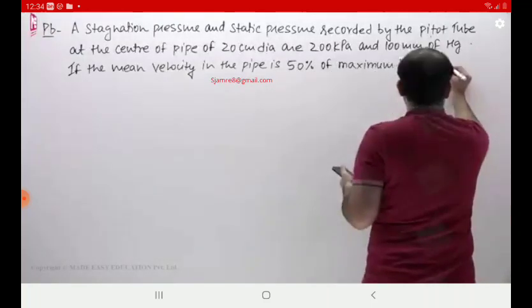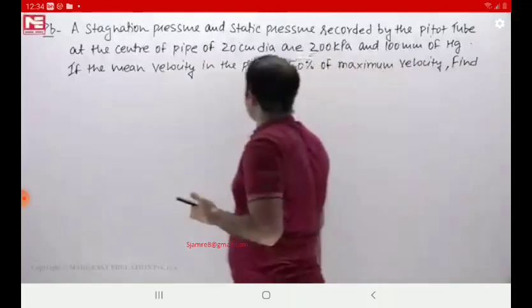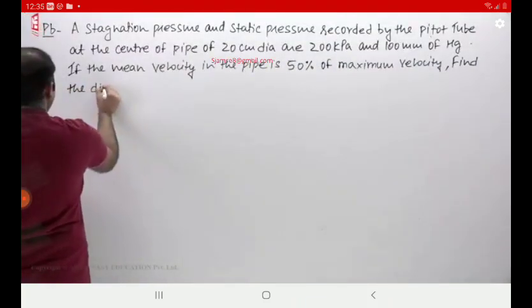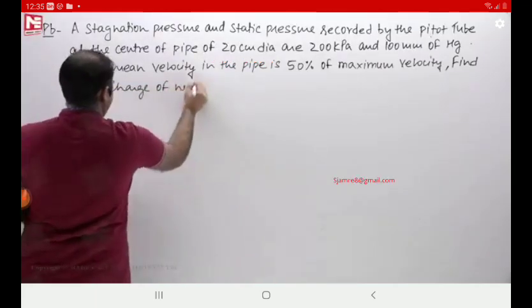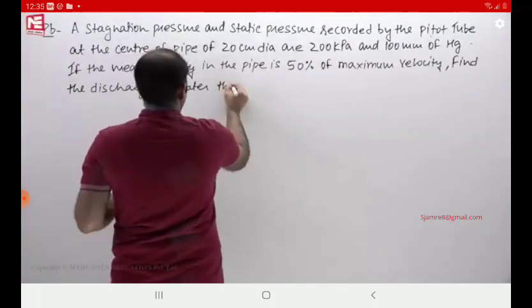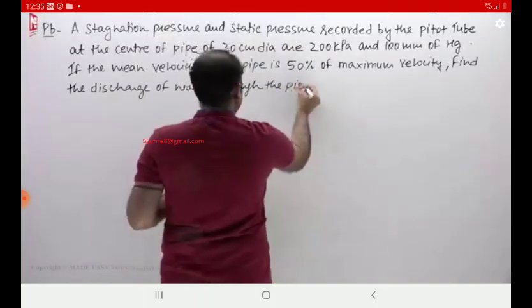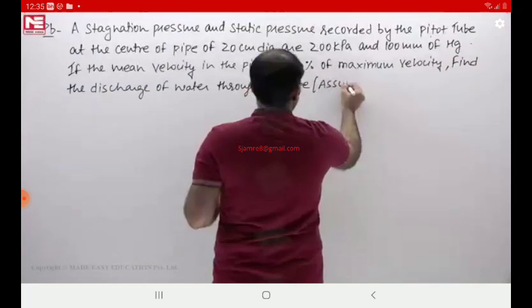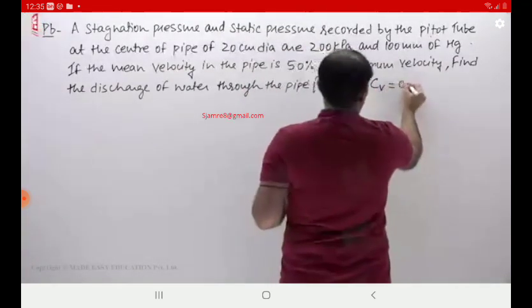Find the discharge of water through the pipe. Assume CV is equal to 0.97.